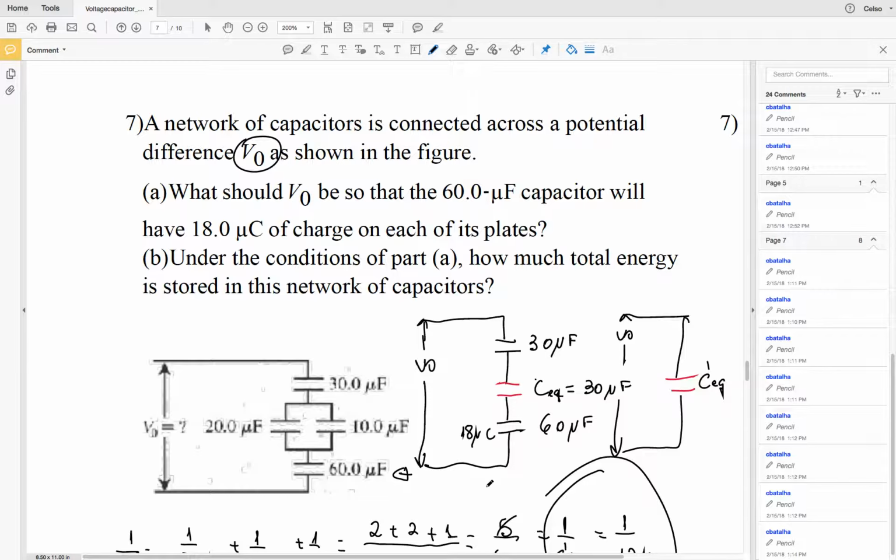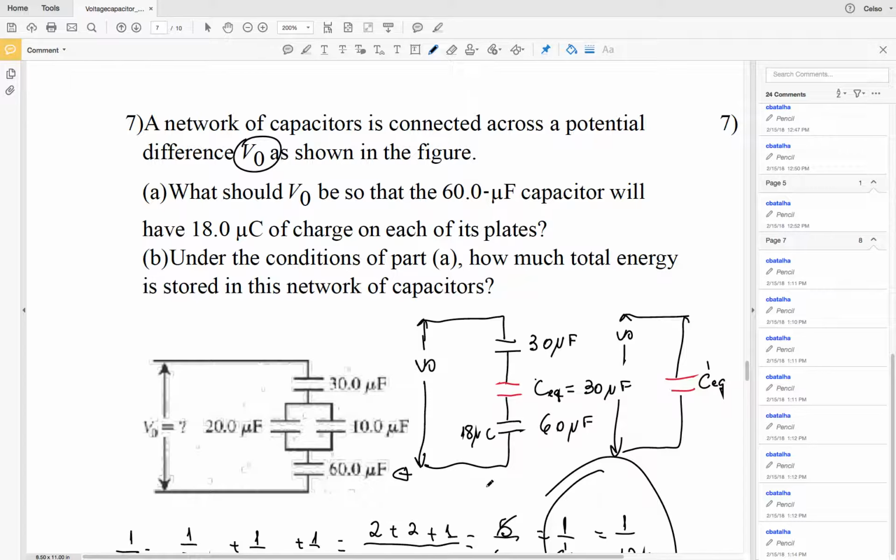So how does this information help me? I mean, how does this information help me solve this problem? You have to remember one of the concepts of capacitors in series, and that is what? The voltage is not the same.